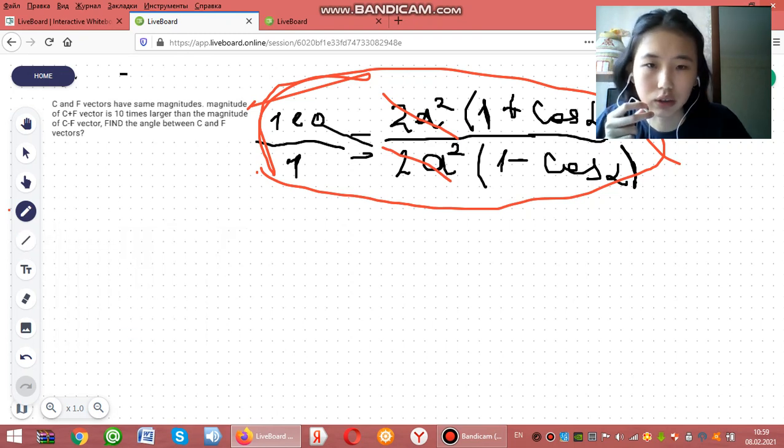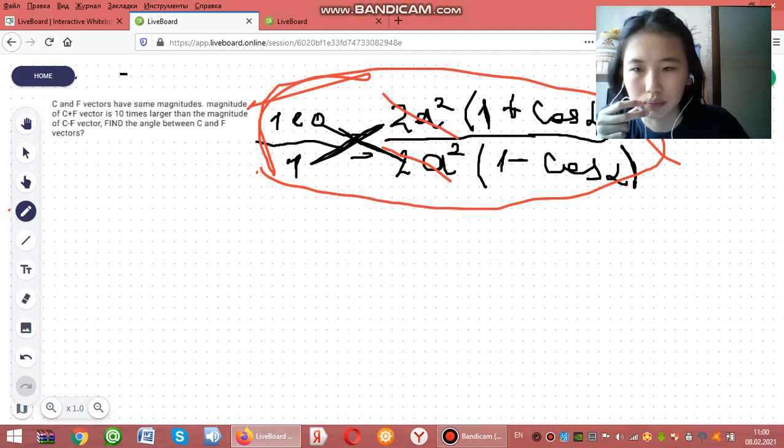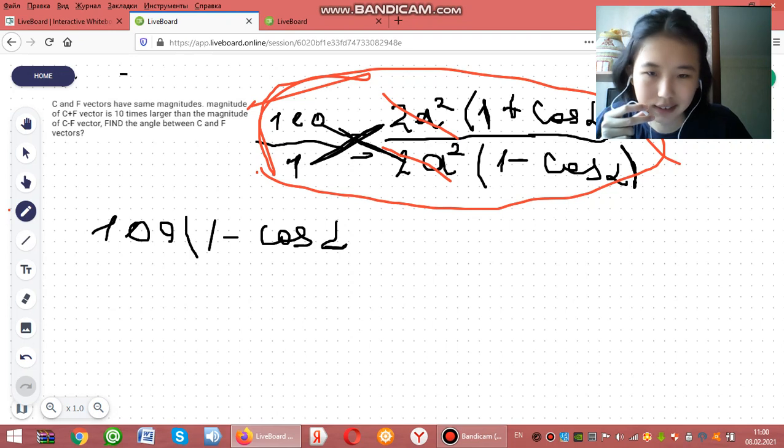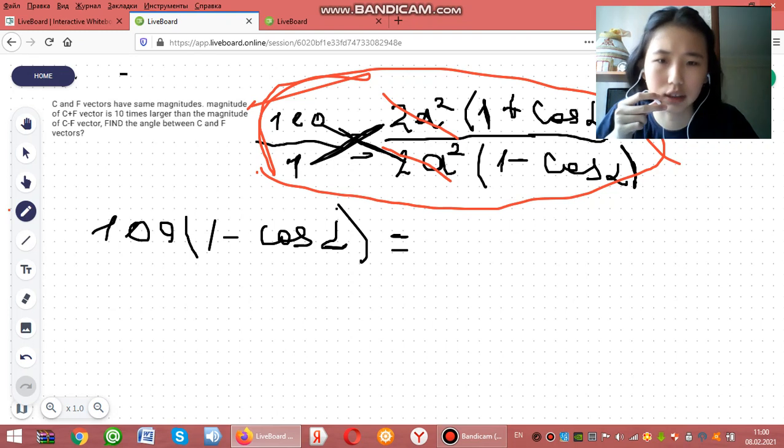So what we get, we can solve this with proportion. 100 in brackets 1 minus cosinus alpha equals 1 plus cosinus alpha.